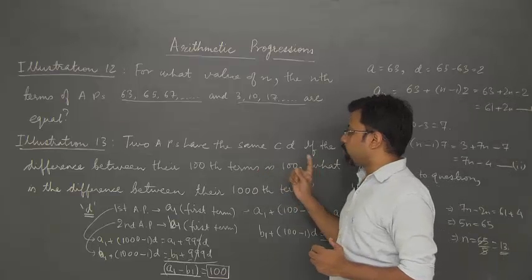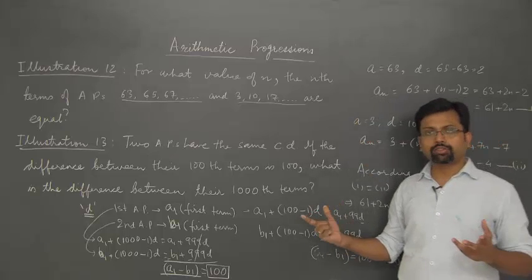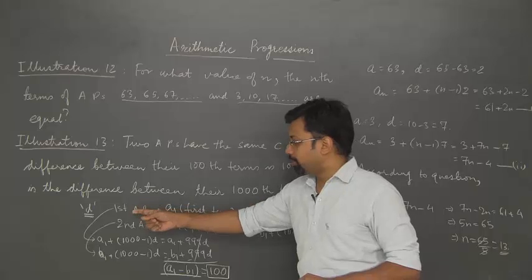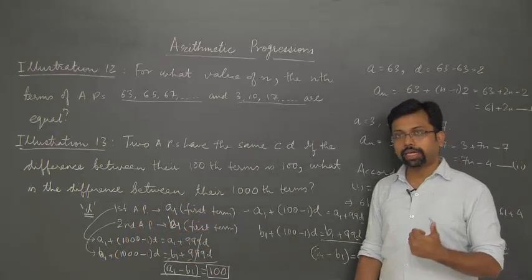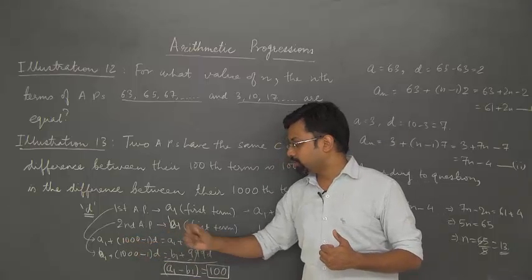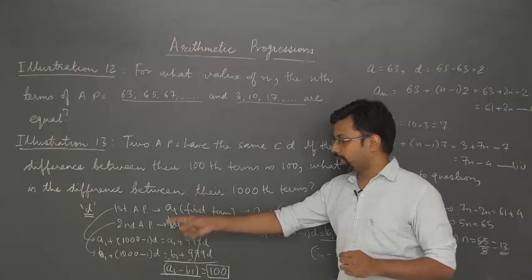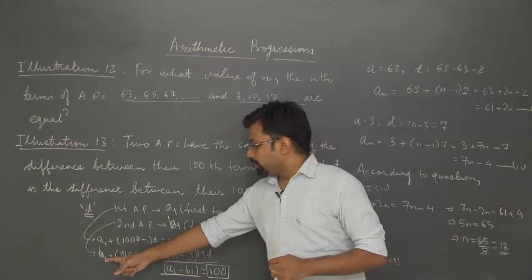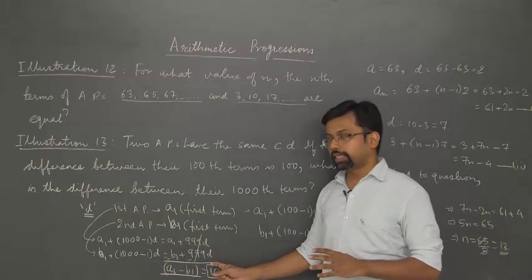Now we are asked what will be the difference between the thousandth terms. So we write the thousandth terms for both the APs. For the first AP, the thousandth term will be A1 plus 1000 minus 1 into D, which is A1 plus 999D. For the second AP, it will be B1 plus 999D.